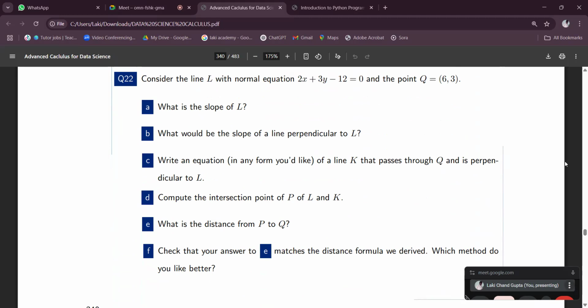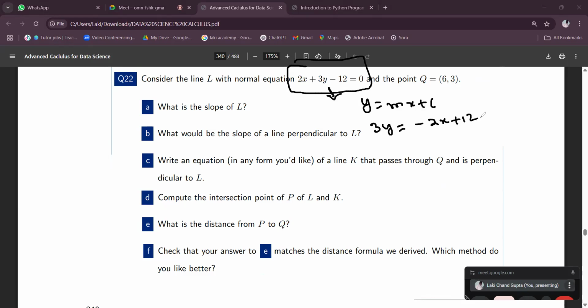Slope means basically what? Whenever you are asked to find slope, write in this way: mx plus c. So express this equation into this form. So how can you write 3y becomes what? So this is slope.